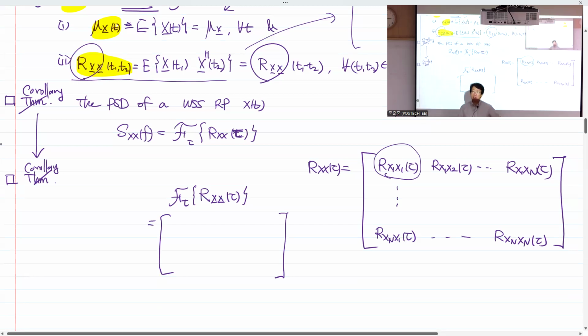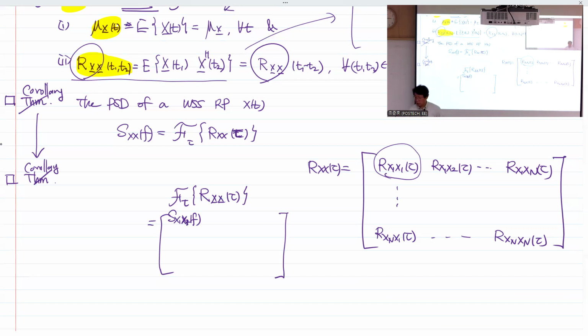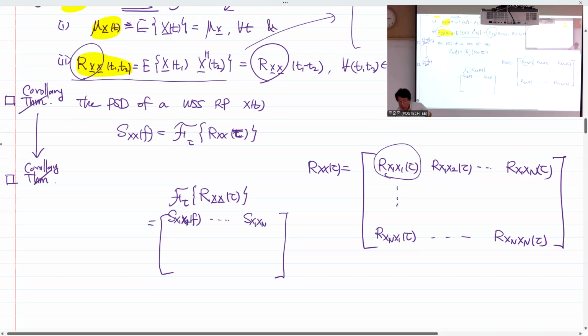The power spectral density of the first wide-sense stationary random process, and you may denote it by S sub x1 x1 of f, because it's the power spectral density of the first entry. What about the 1n-th entry? It's the cross power spectral density between x1 and xn. What about the n1-th? Cross power spectral density between xn and x1. What about the nn-th? The power spectral density of the n-th random process, right?